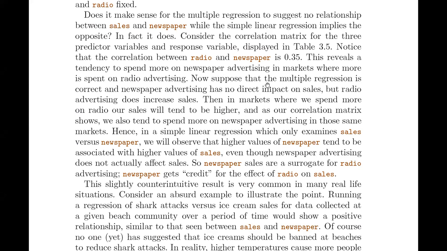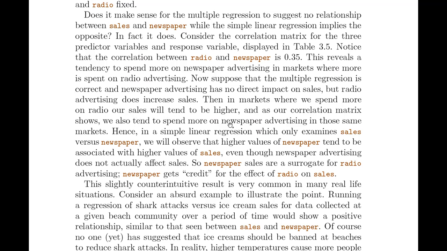Now, suppose that the multiple regression is correct, and newspaper advertising has no direct impact on sales, but radio advertising does increase sales. Then in markets where we spend more on radio, our sales will tend to be higher.